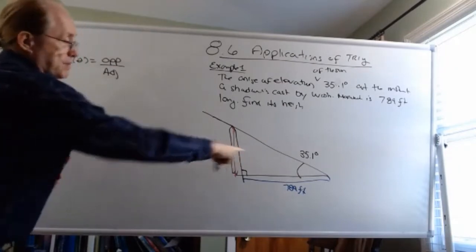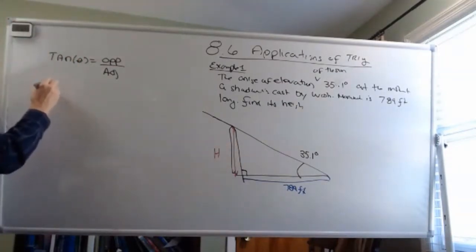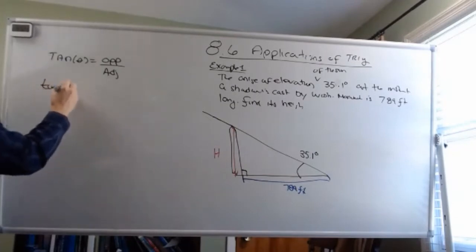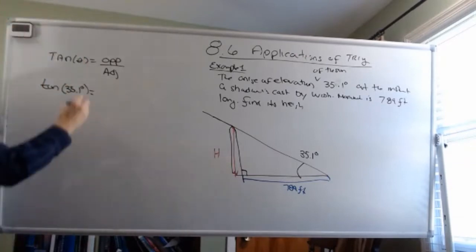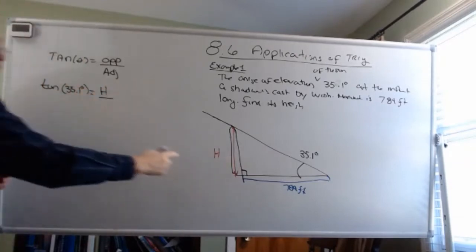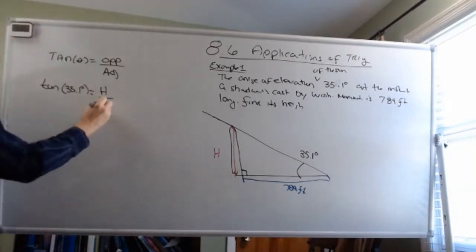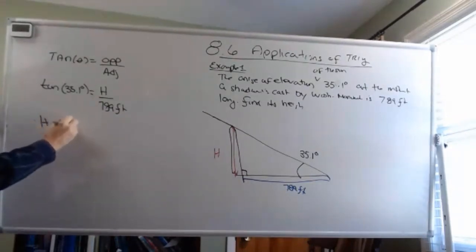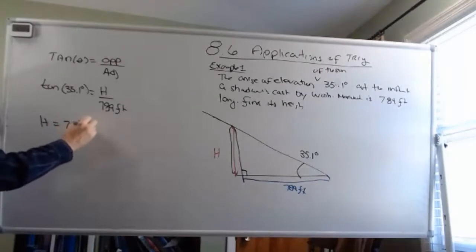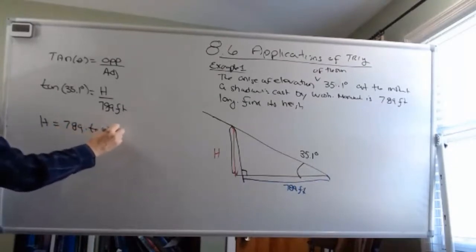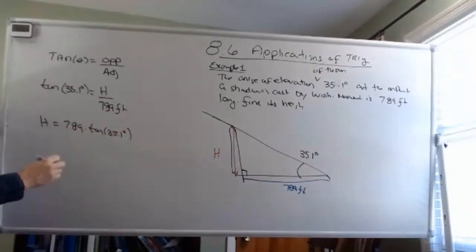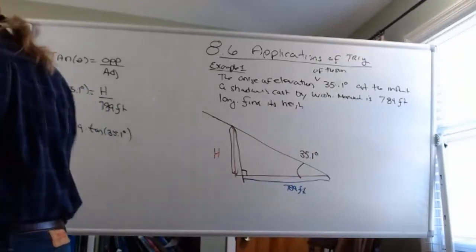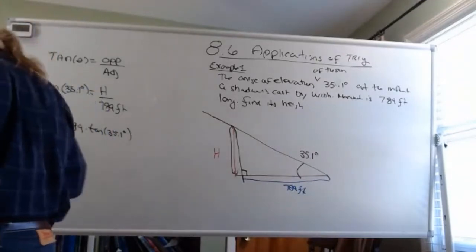For this triangle, the tangent of 35.1 degrees is equal to the opposite, the height h that we're looking to solve, over the adjacent, which is 789 feet. A very simple calculation. I can solve for h, and it's just 789 times the tangent of 35.1 degrees.